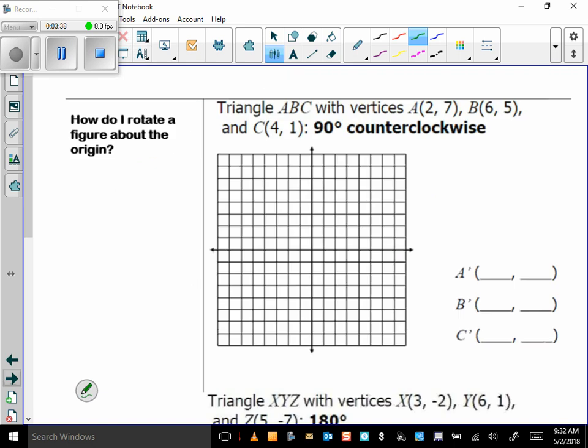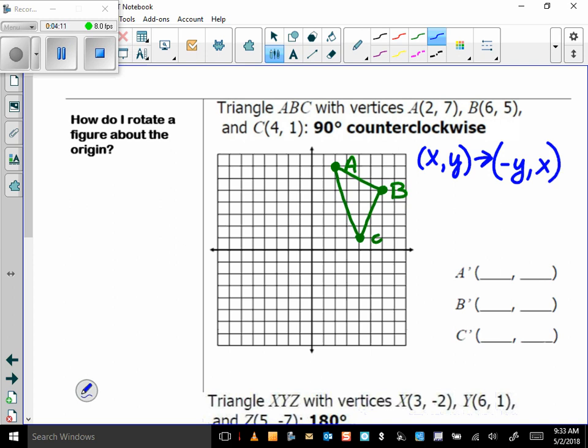Okay, let's see what it looks like. Triangle ABC. Let me pause here and graph my triangle ABC, and then we'll come back and we'll rotate. Okay, so there's triangle ABC, got the vertices in here. I'm going 90 degrees counterclockwise. So from my table on the previous page, I know for a 90 degree counterclockwise rotation, here's my rule, negative y, x. So before I graph it, I'm just going to write that down.